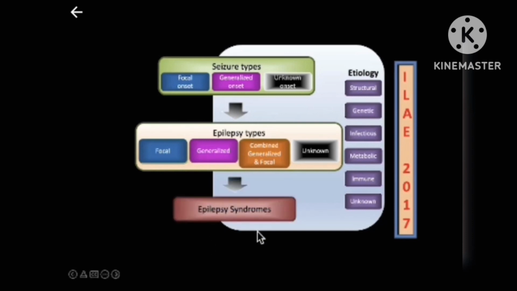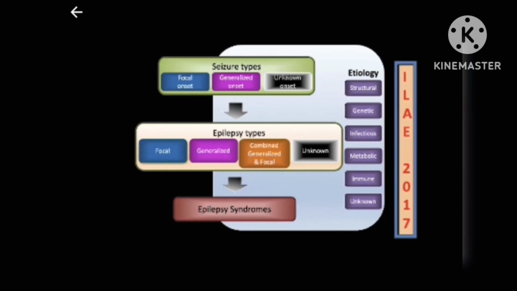And the next one is that once you have these epilepsy types, say I've made a diagnosis of focal seizure. And if a focal seizure is happening at a particular age, say 5 years of age, and it's focal involving only the hand, the child is otherwise normal, and if the EEG shows a particular pattern, then I know, okay, this is an epilepsy syndrome, a benign or self-limiting epilepsy syndrome, benign Rolandic epilepsy, for example.